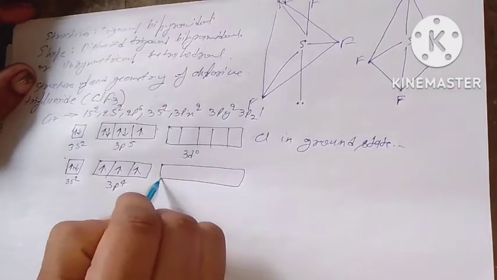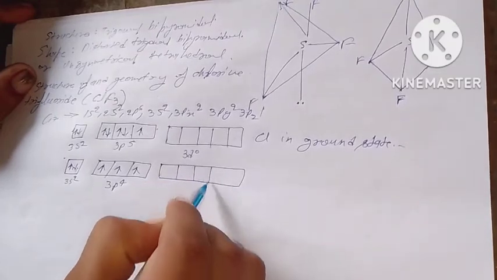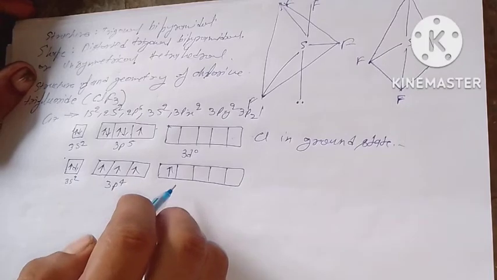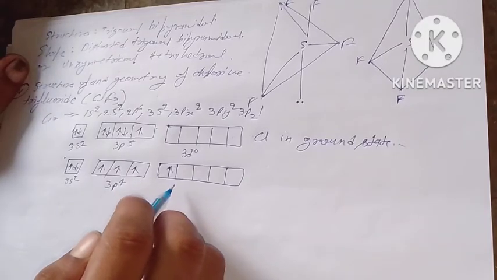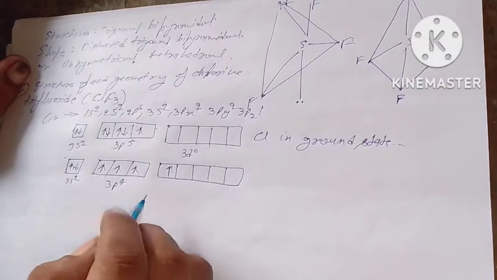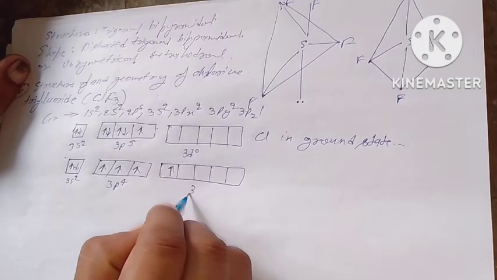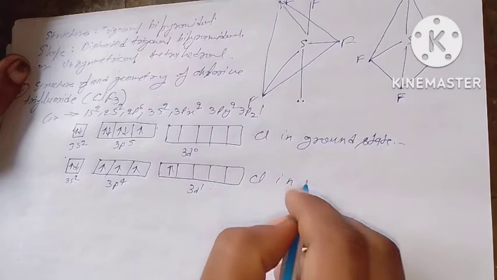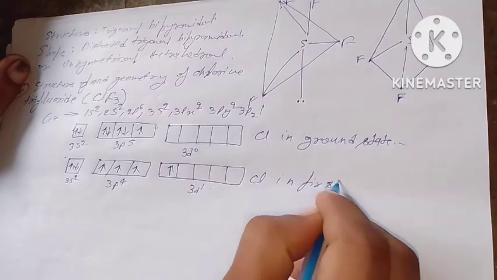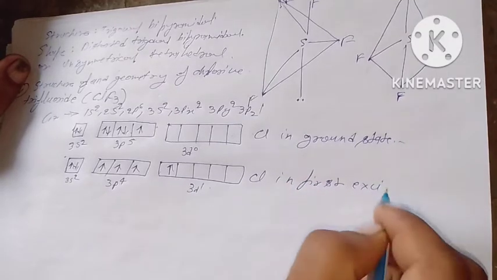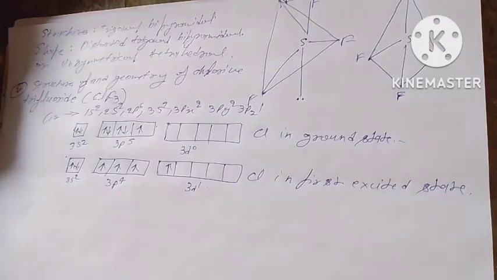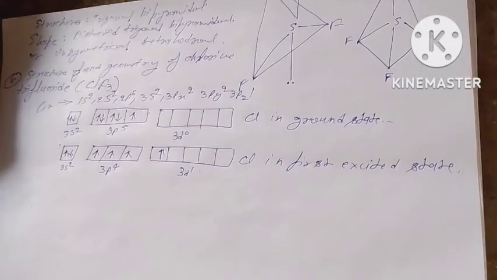One electron comes into the d orbitals from the p orbitals, so this is 3d1. Chlorine in the first excited state.